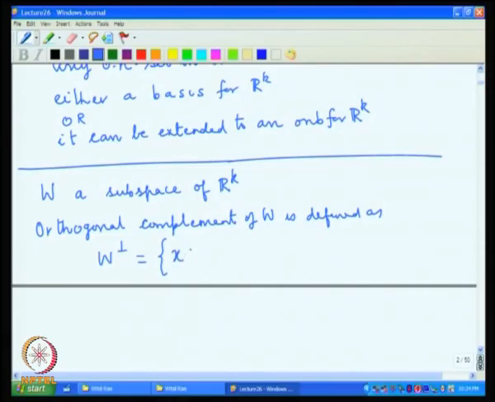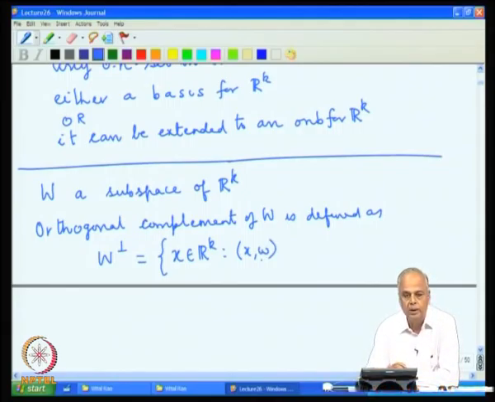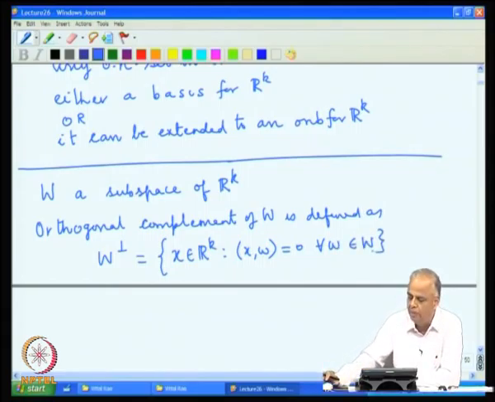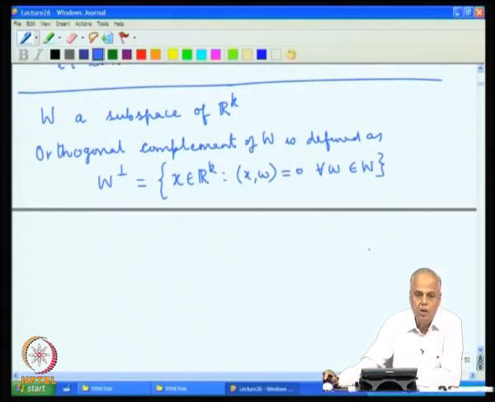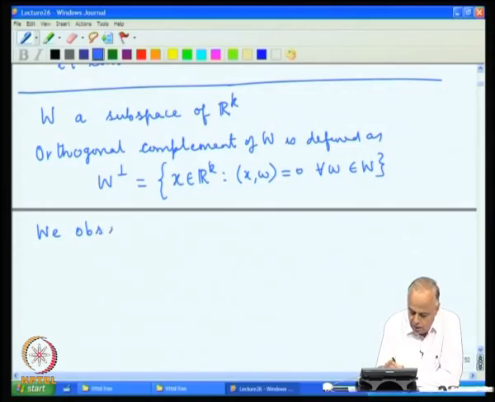It consists of all those vectors in R k which are perpendicular, which are orthogonal, that is the dot product is 0 for every vector in W. That is, these are vectors which are orthogonal to every one of the vectors in W. We observed in the last lecture the following facts.